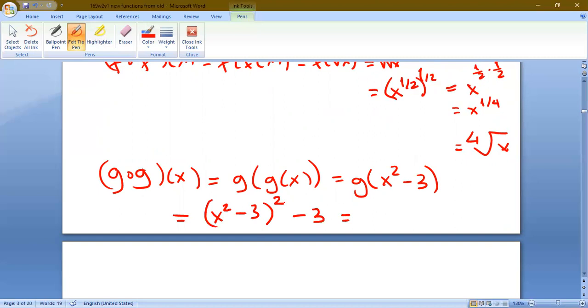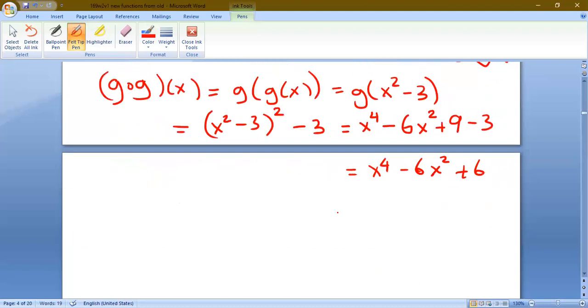Now if we take the square here, it's going to be x to the 4th, double of the product, which is x squared times minus 3, negative 3x squared. But double of that, because we are going to have two of them, negative 6x squared, square of minus 3 plus 9, minus 3. So we can write x to the 4th minus 6x squared plus 6. And this is g of g of x.